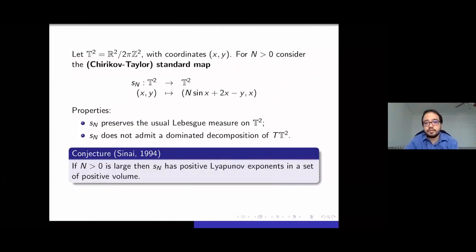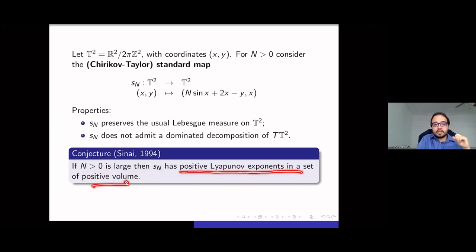A famous conjecture by Sinai is that as n increases, the size of these critical regions decreases, which means that the size of the hyperbolic regions increases. And it's a famous conjecture that if n is large, then there exist positive Lyapunov exponents on a set of positive volume for the standard map.